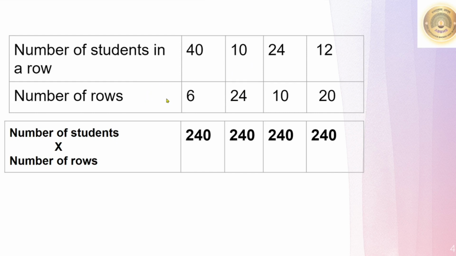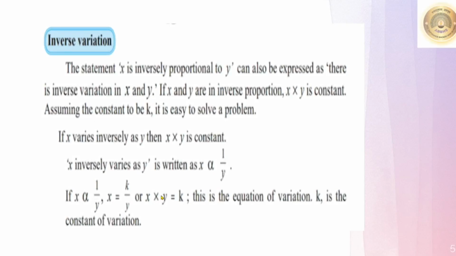So here you see that when one quantity is increasing, the other related quantity decreases. Now this kind of a relation in which when one quantity increases, a related quantity decreases is called an inverse variation. So let's see the statement of inverse variation.